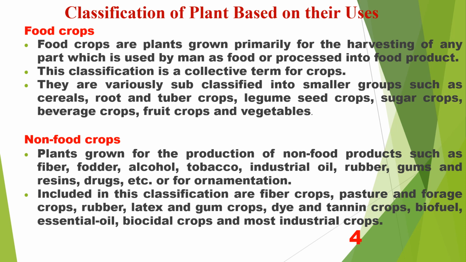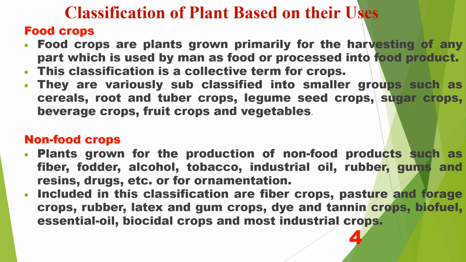They are variously sub-classified into smaller groups such as cereals, root and tubers. When we say cereals here, we mean all grass family plants like maize, millet, guinea corn, which in Hausa we often refer to as hatsi, that is cereals.